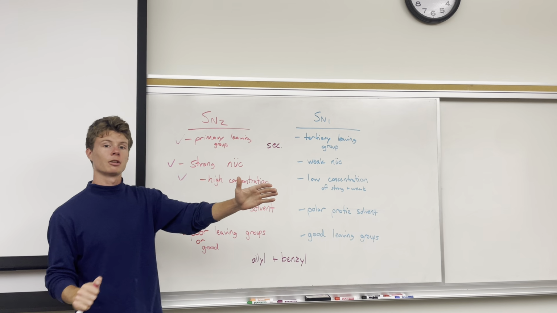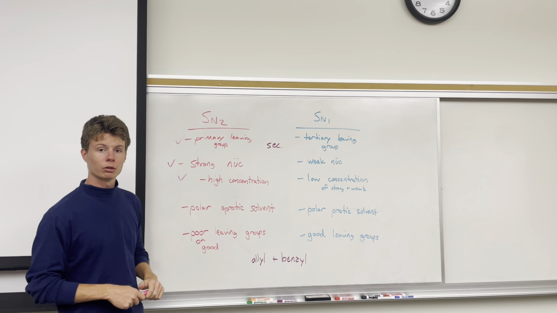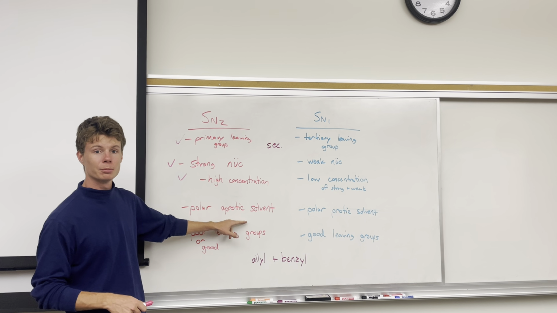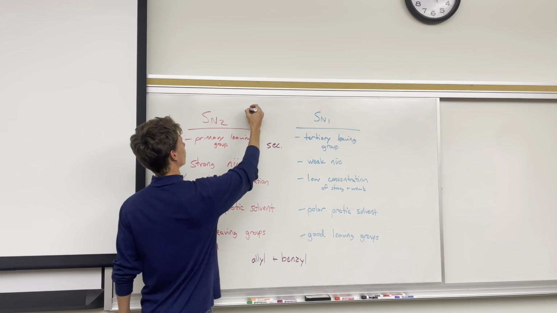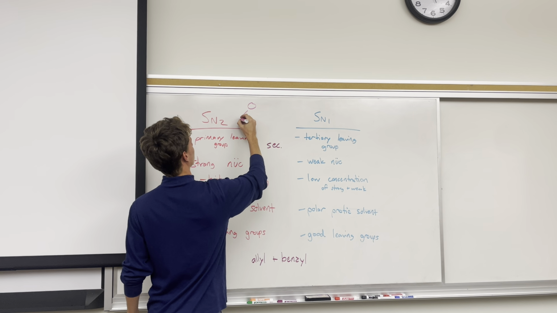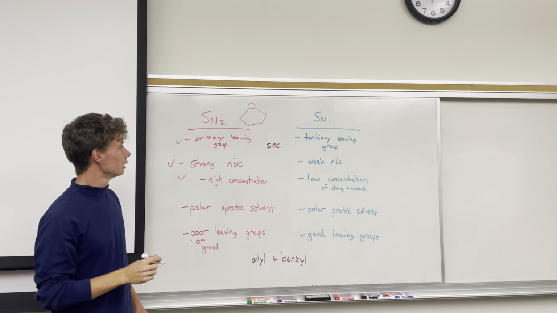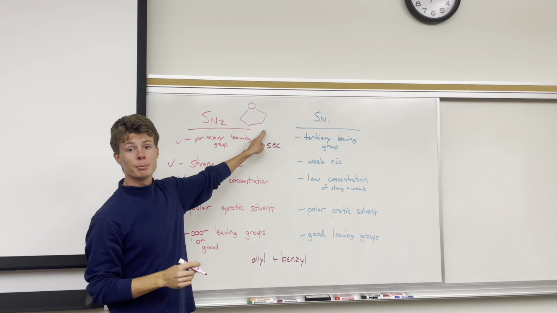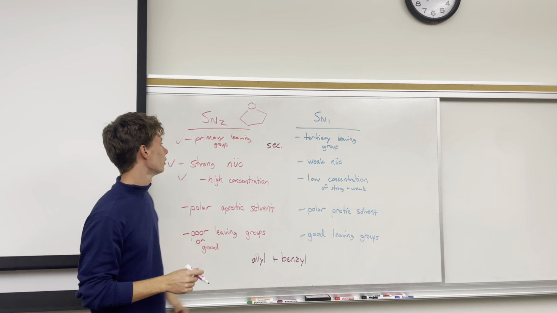It's going to happen fast. It's going to be SN2. So polar aprotic solvent, something that doesn't have hydrogen bonding. I think this is tetrahydrofuran, I believe. A common aprotic solvent there.